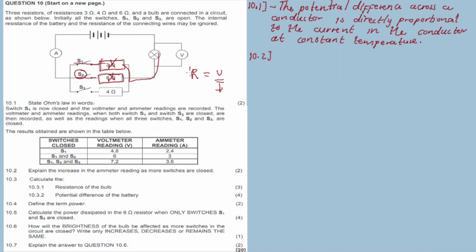It goes down, it decreases. When I close switch 3, another parallel connection is being added, so resistance decreases even further, and we can see that resistance is inversely proportional to current. So whenever resistance decreases, what happens to current? It increases.